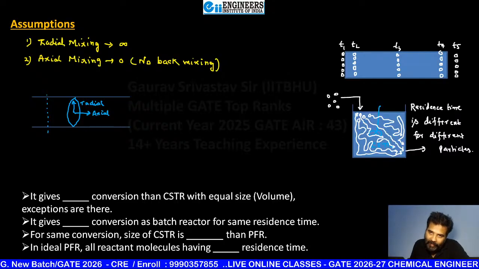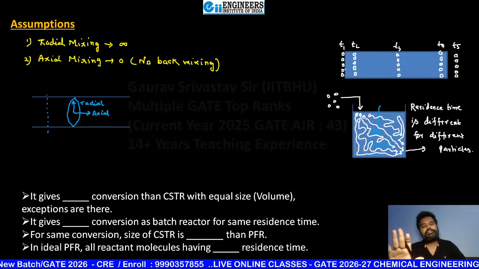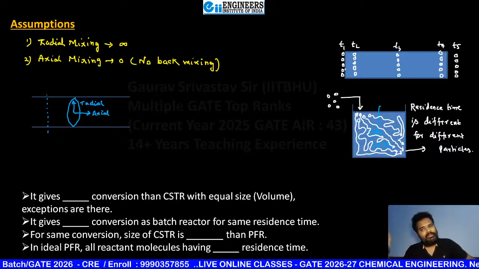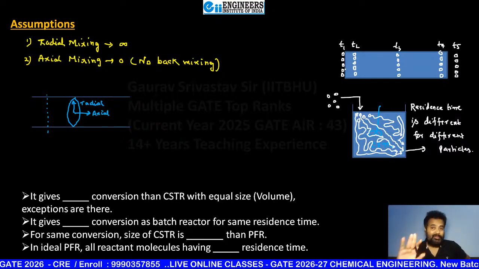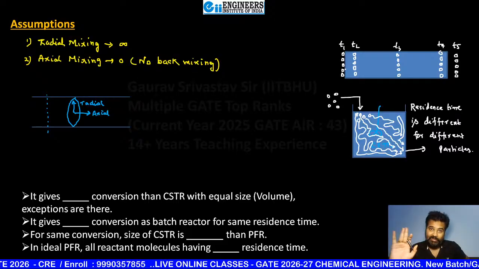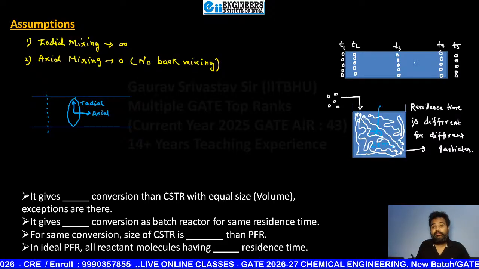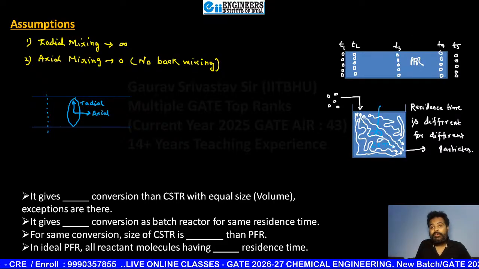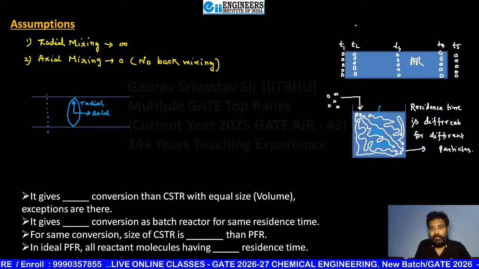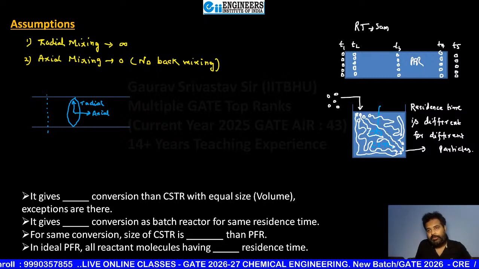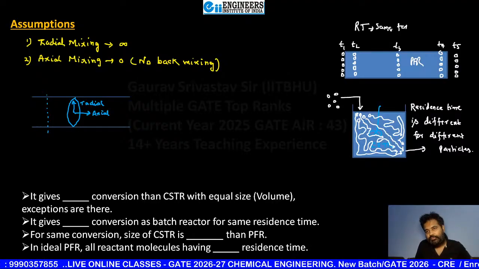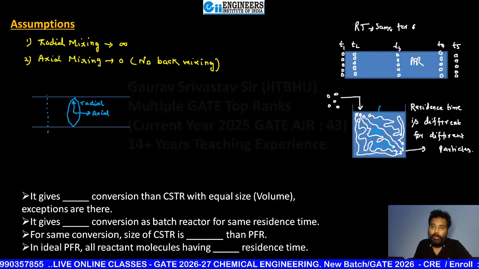Now again the next 5 molecules enter. They are also going to travel in a similar manner. So whenever you check any particle, the residence time is not going to change in the case of PFR. So here you can write residence time same for all particles. Are you able to understand?